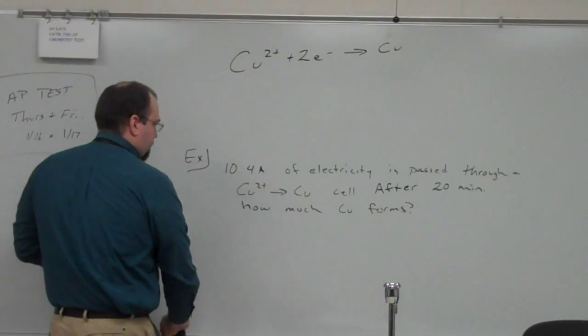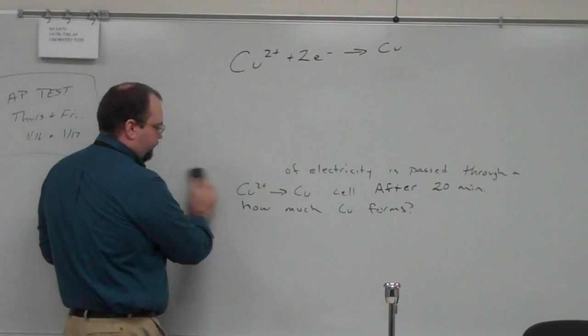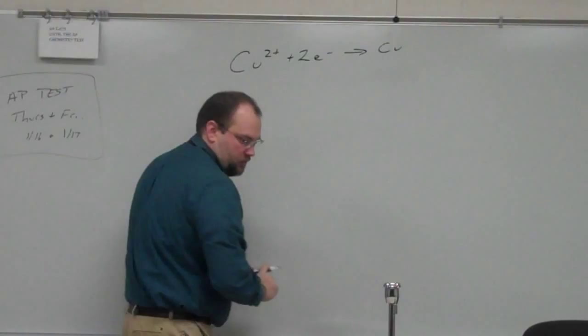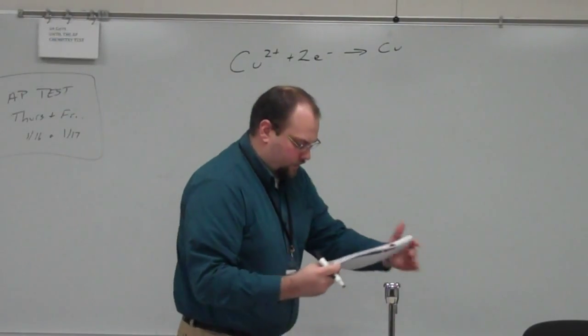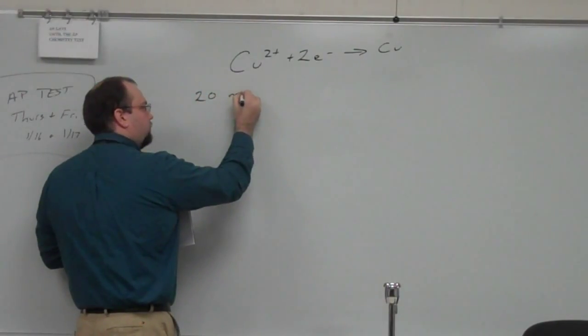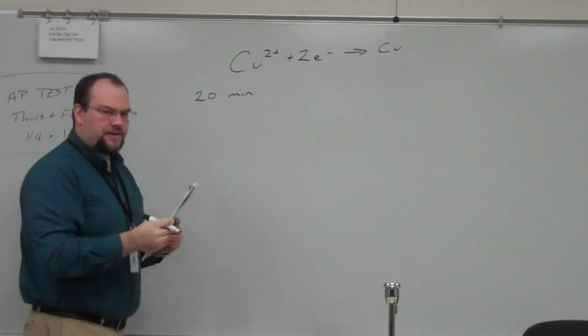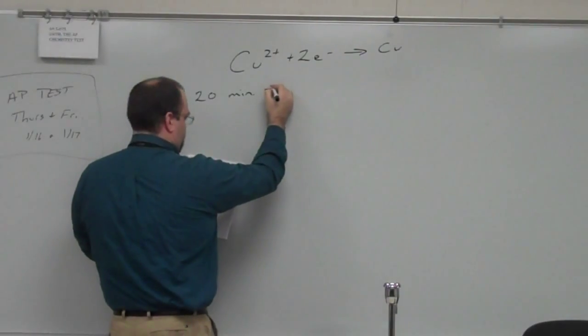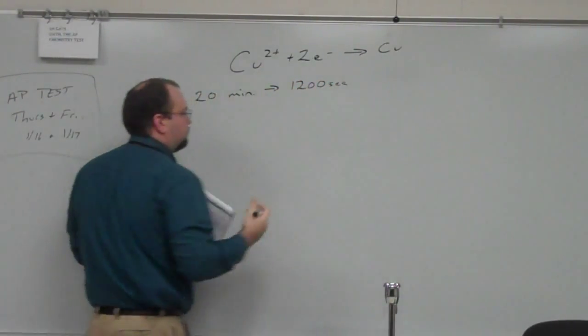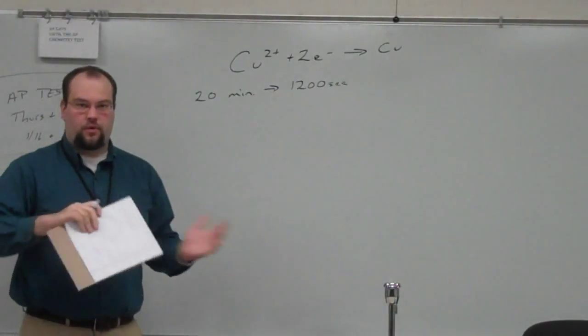Well, I can just use stoich, like I said. Let me erase my example here, so I have a little bit more room. I know that I start with 20 minutes, which equals 1,200 seconds. 20 times 60.